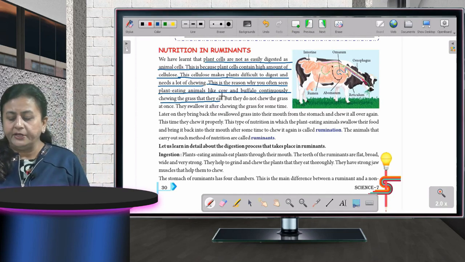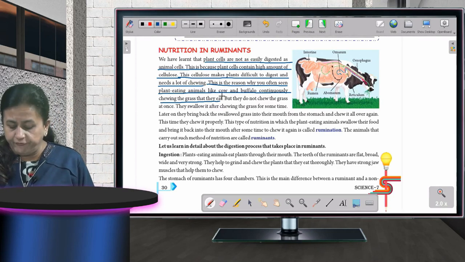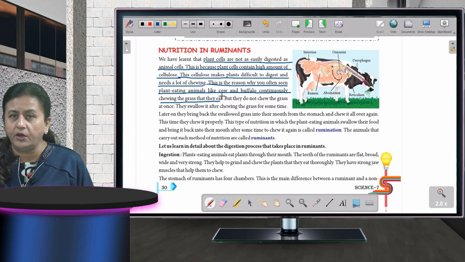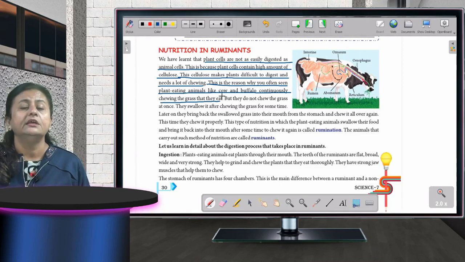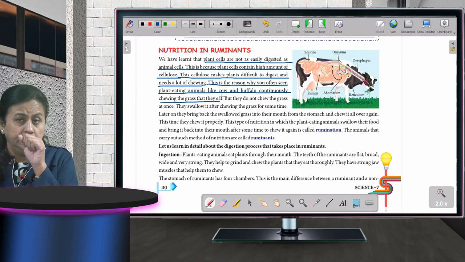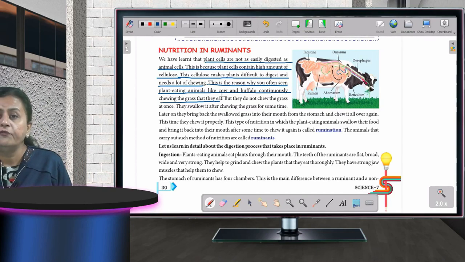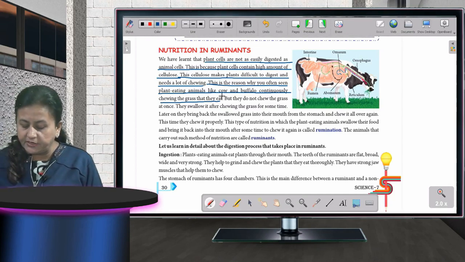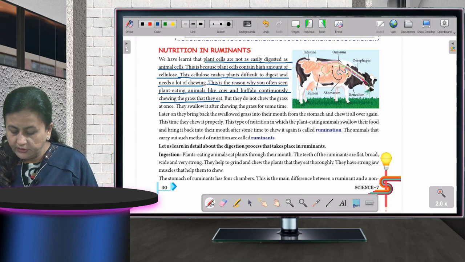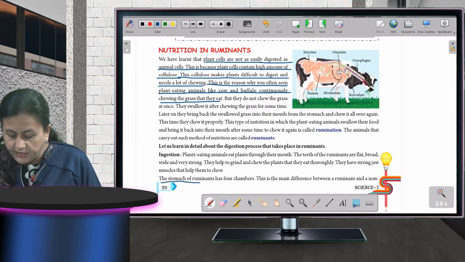Now what is happening? All the ruminants, they have 4 chambers in their stomach. Ruminants means the plant eating, the grass eating animals, they have 4 chambers in their stomach. Now the stomach of ruminants has 4 chambers.